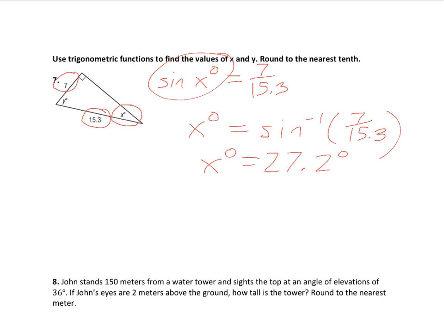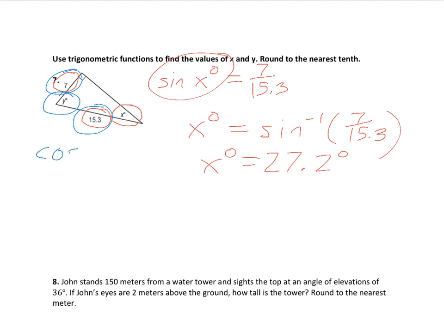So there's two ways I can find y. One way would be to look at y and realize that I have the hypotenuse, and 7 is adjacent to y. So even though 7 is opposite of x, in terms of y, it's adjacent. So what uses adjacent and hypotenuse?